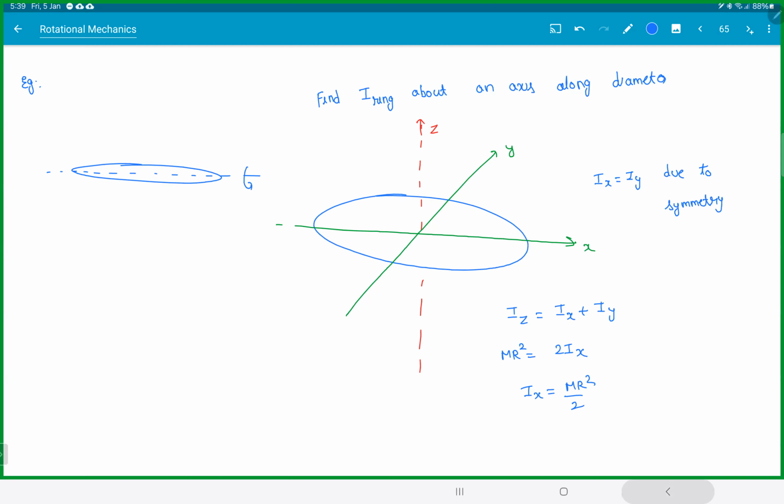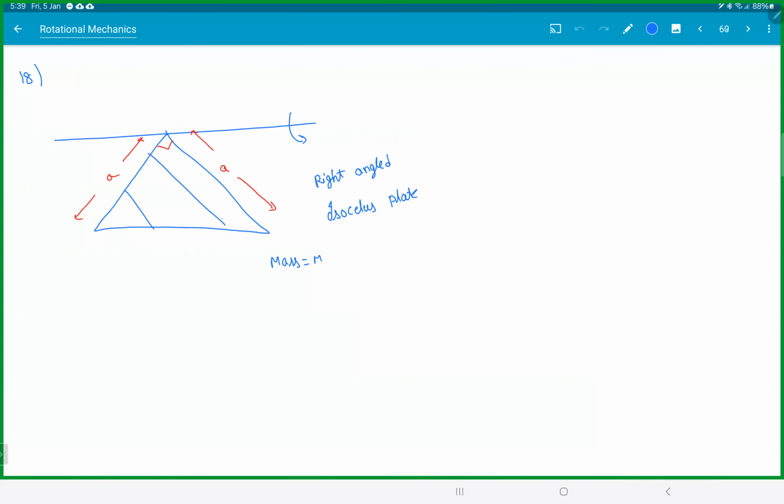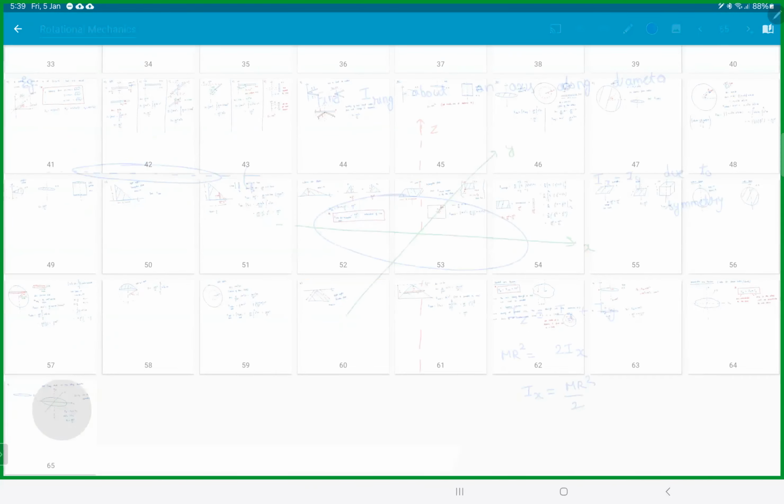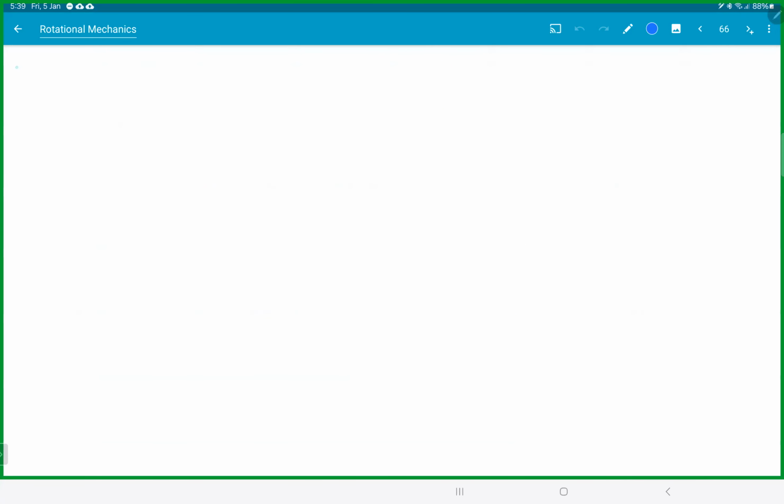Let's say we take a disk about this axis.